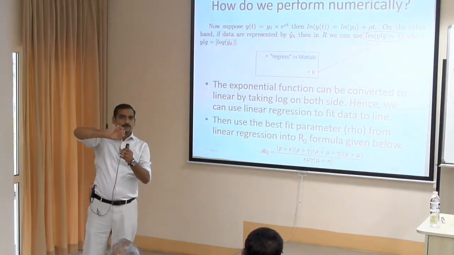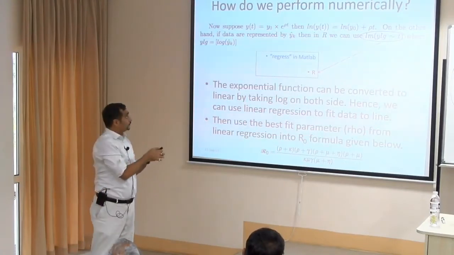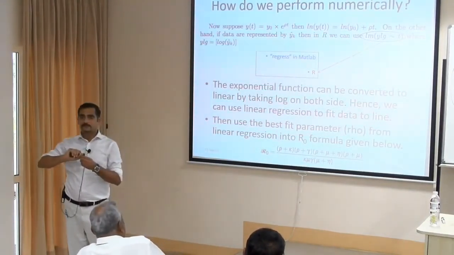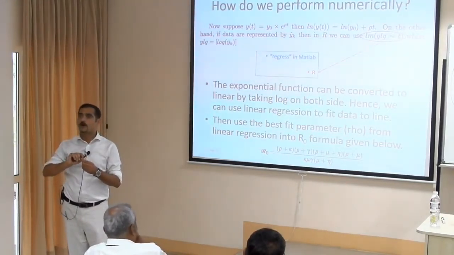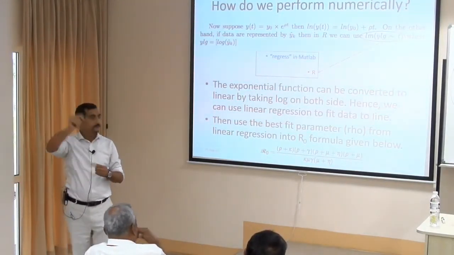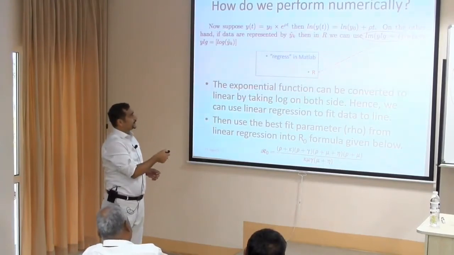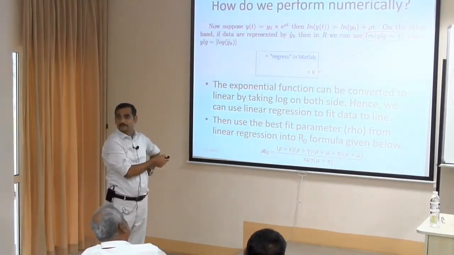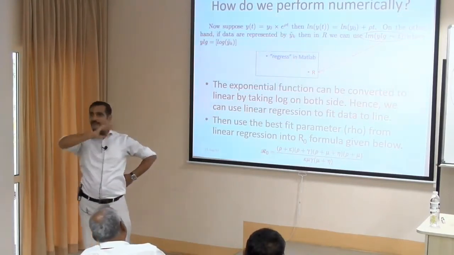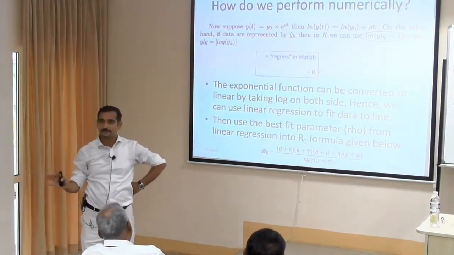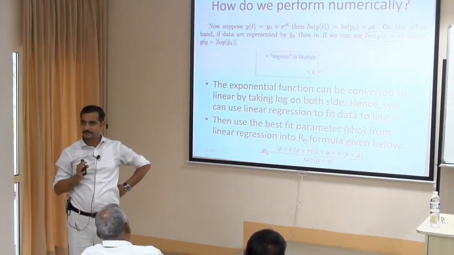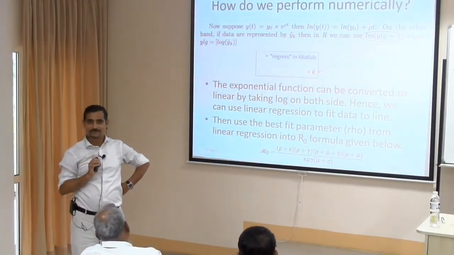If I use this equation, then I will not take the y value, instead I will take the log of the y values, right? So if I do that and fit this straight line, I can obtain an estimate of rho using Excel, using any simple software. Is that okay? Yes or no?